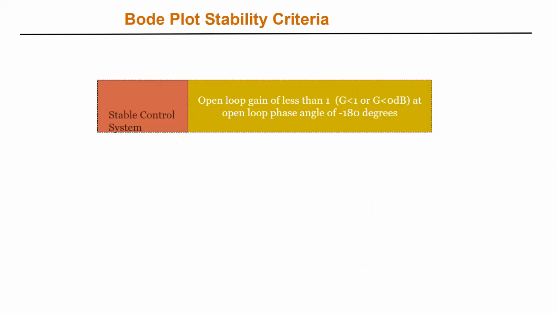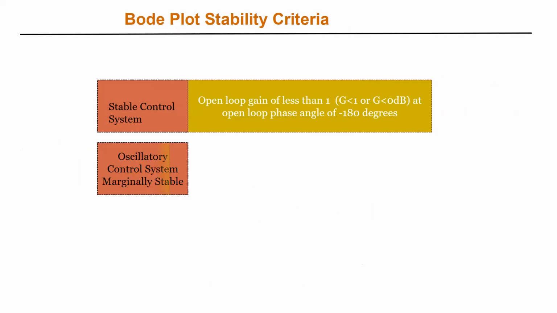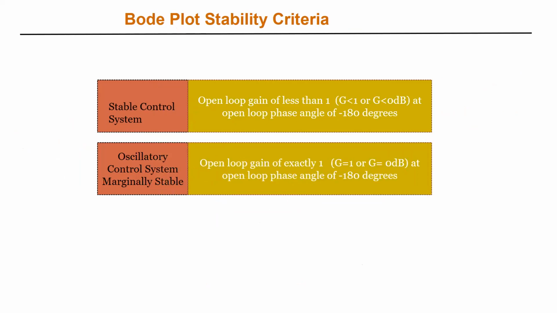So, the stability from the Bode plot. We will look into the open loop gain being less than 1, or the gain margin being positive. Positive in the sense that it is less than 0 dB. It will be oscillatory if I am precisely at 0 dB.